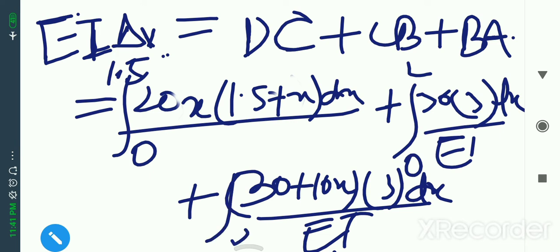Limit of integration will be from 0 to 2. So this is the expression.